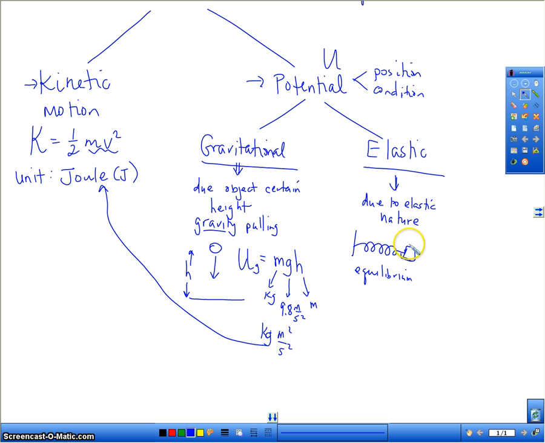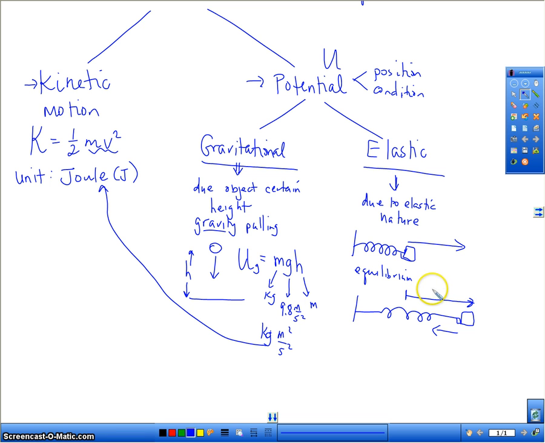But if you stretch it out of that equilibrium so that now the spring is in some stretched state, now it wants to go somewhere, so that if you release this object, it's going to go flying back. So anytime you stretch it out of its equilibrium position, then you're going to give that object an elastic potential energy.